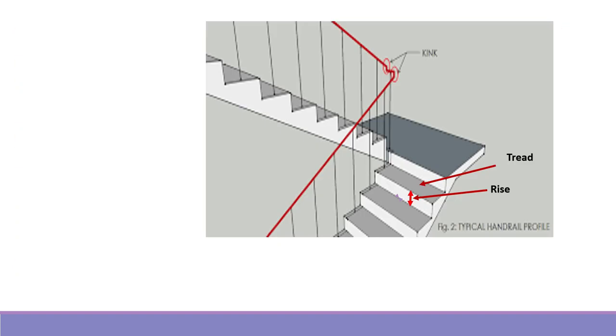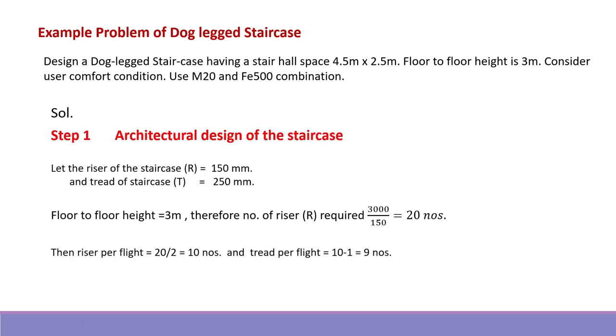Because if I go back to the previous slide, you will see after the last riser there will be no tread. It will reach the landing, and in case of the second flight it will reach the floor. So the number of treads will be 1 less than the number of risers, so it will be 9 in this present case.